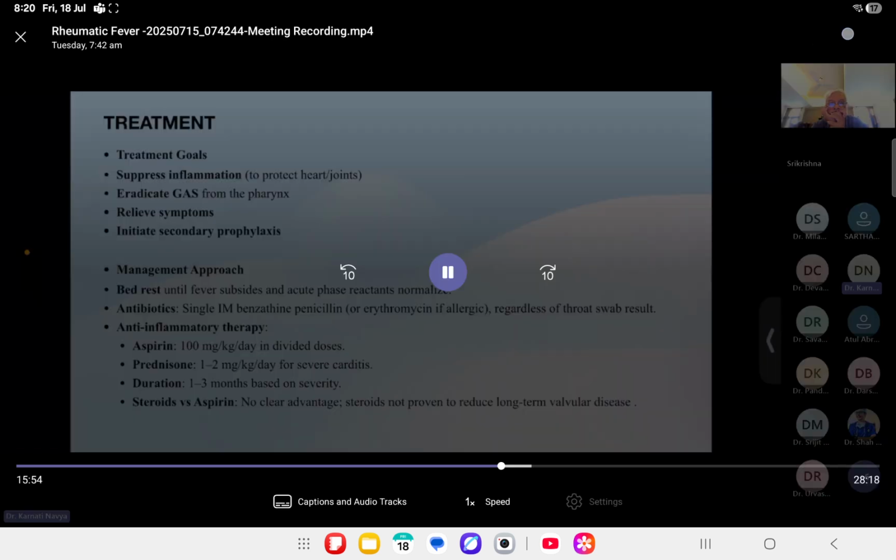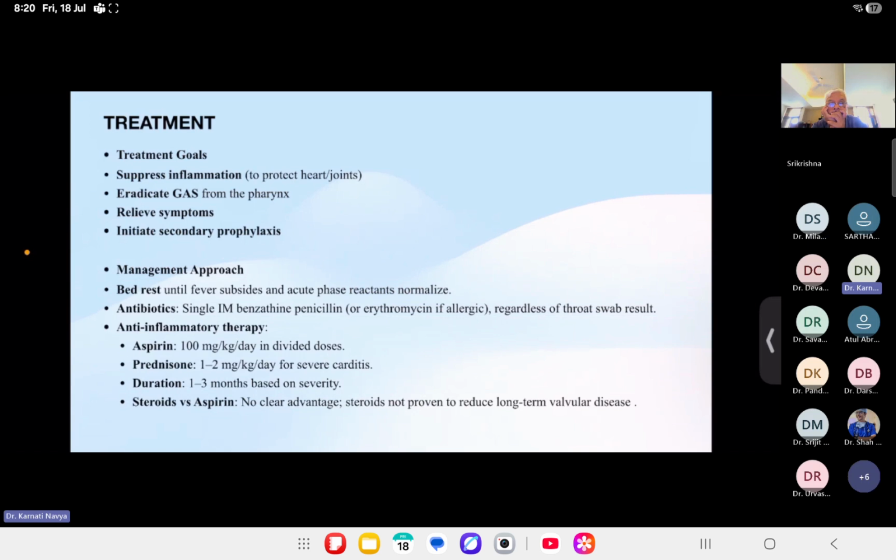And erythromycin. Duration: first attack with carditis, for 10 years or at least until 21 years of age, whichever is longer. Rheumatic fever without carditis, 5 years or until 21 years, whichever is longer. In case of more severe valvular disease, lifelong prophylaxis is considered, and after valve surgery, lifelong prophylaxis is mostly considered.